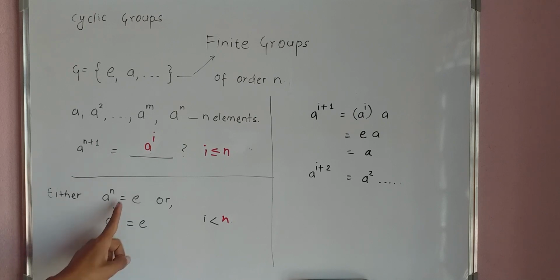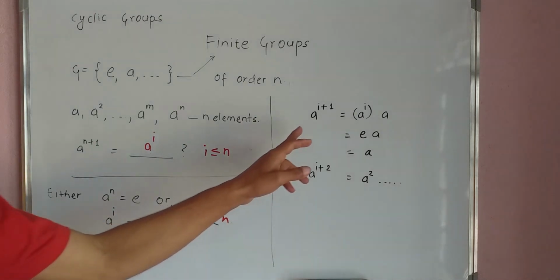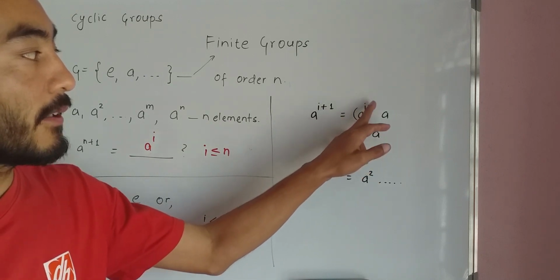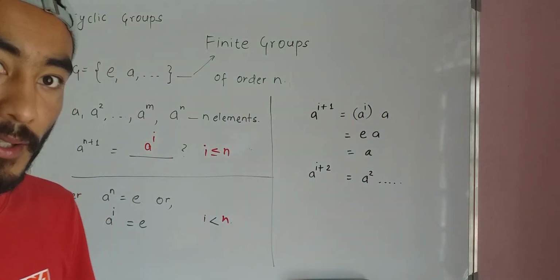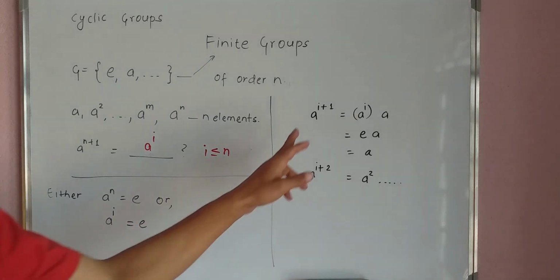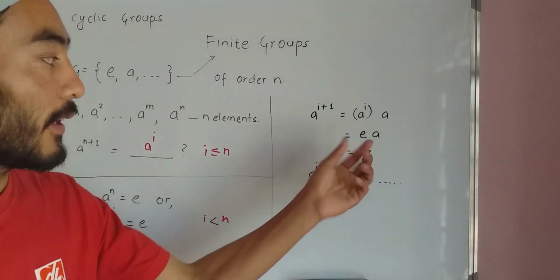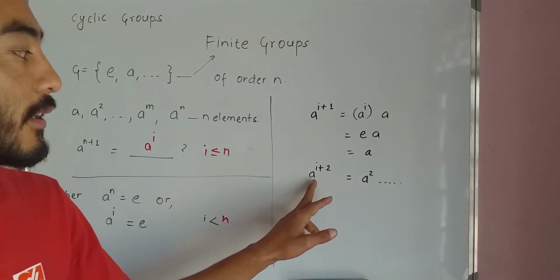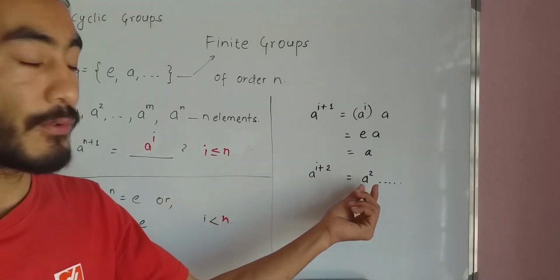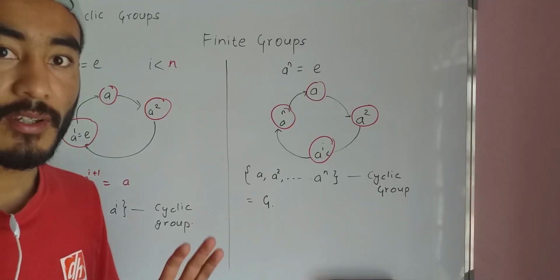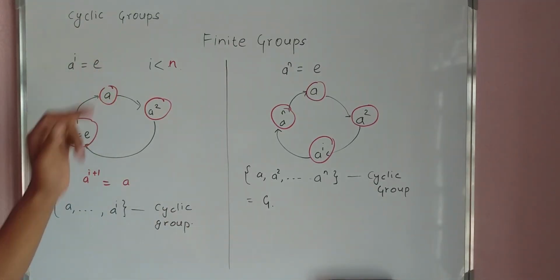If a to the i equals e, then a to the power i plus 1 equals a to the i times a, and we have a to the i equals e. Therefore, a to the power i plus 1 reduces to a, and likewise a to the power i plus 2 reduces to a squared.